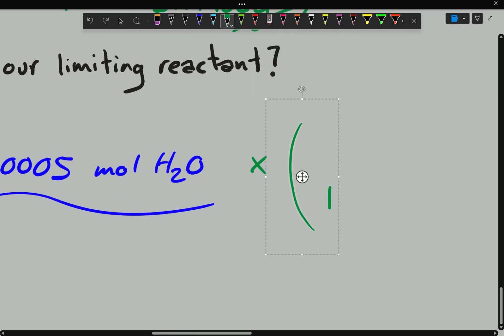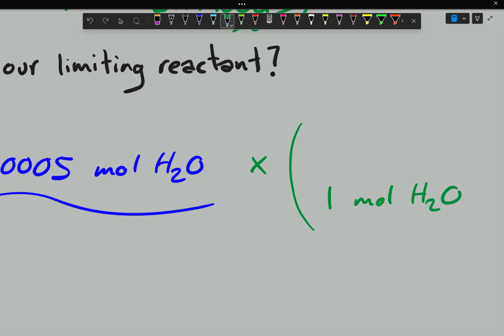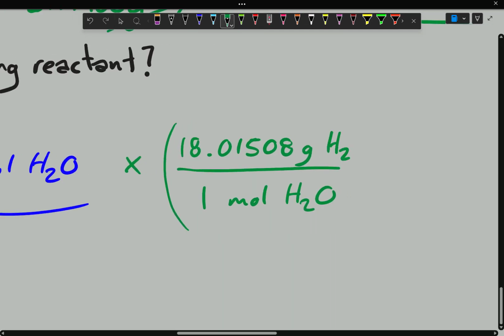So for every 1 mole of H2O, there will be 18.01508 grams of H2O.